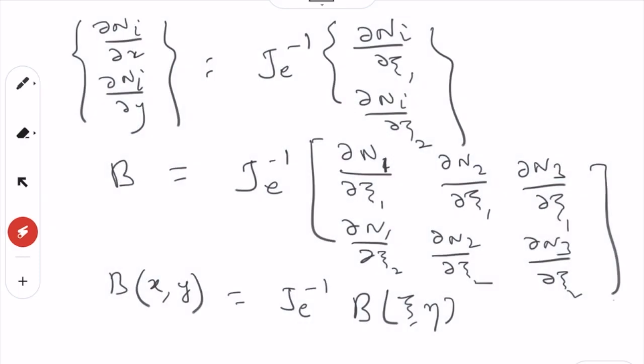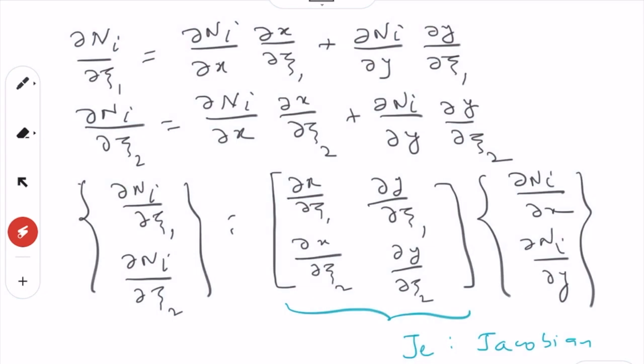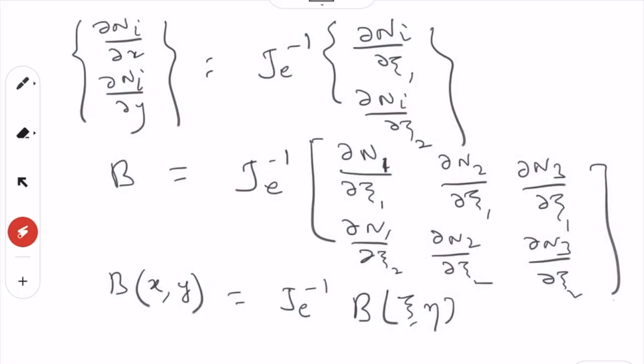And then in the Jacobian, J, you also have del x over del xi 1. Now, x is also linear in terms of xi 1, xi 2, so that really means that you will get a constant here also. In any case you are going to get constants.